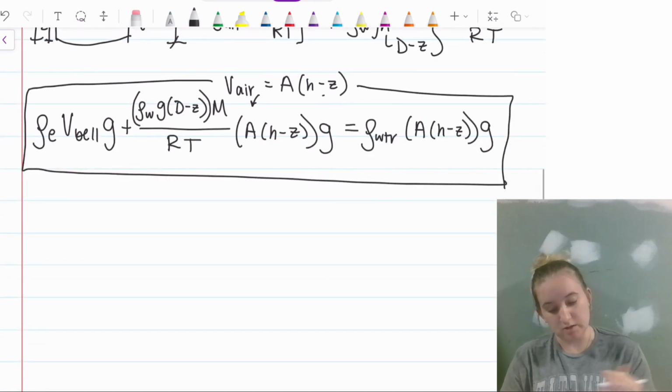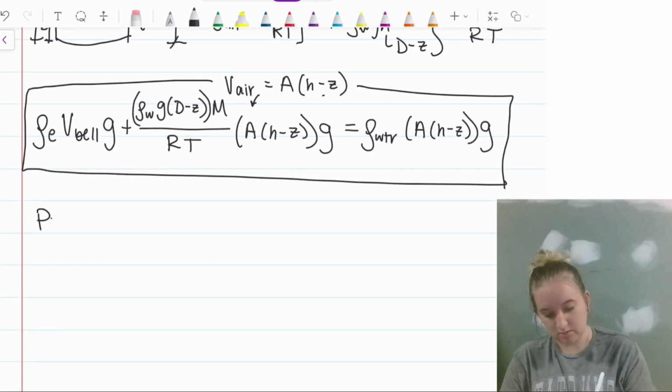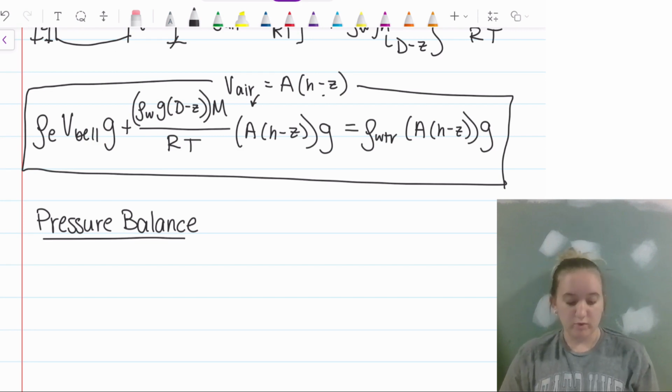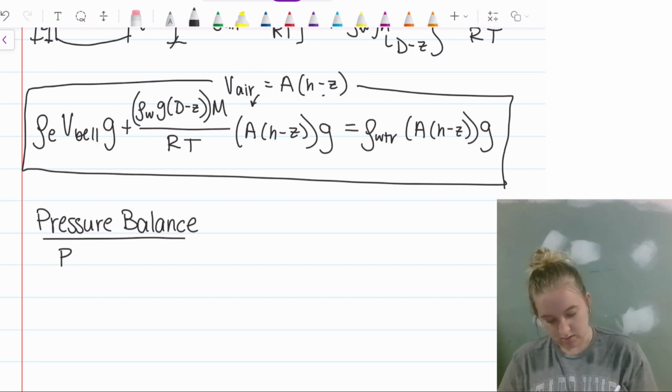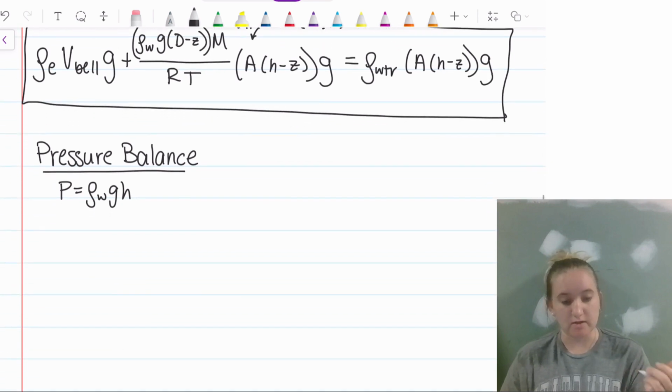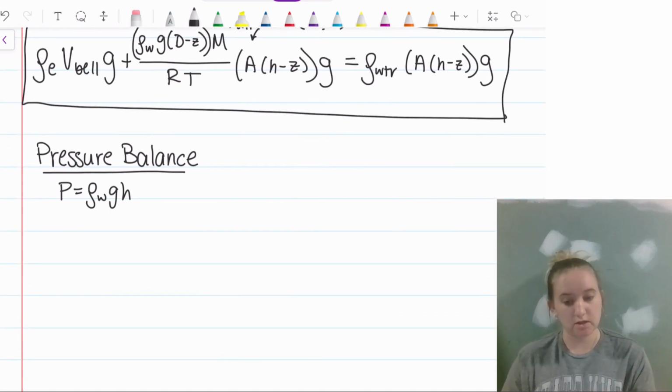And then to do the pressure balance, as previously stated, we said that our depth pressure is equal to rho GH. And we need an expression to show that P air equals P water.